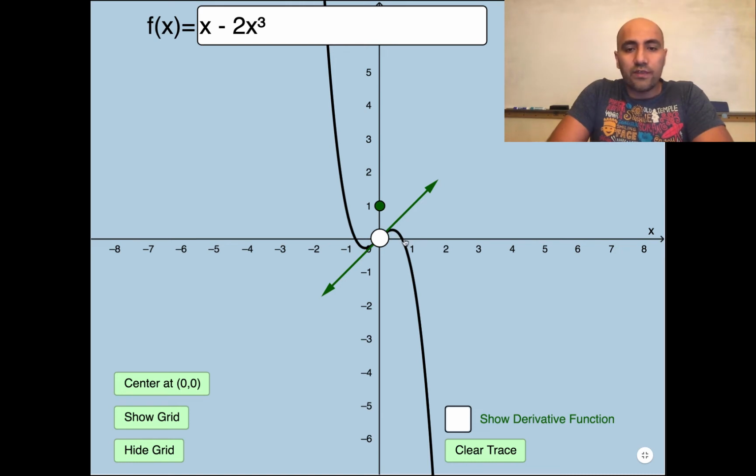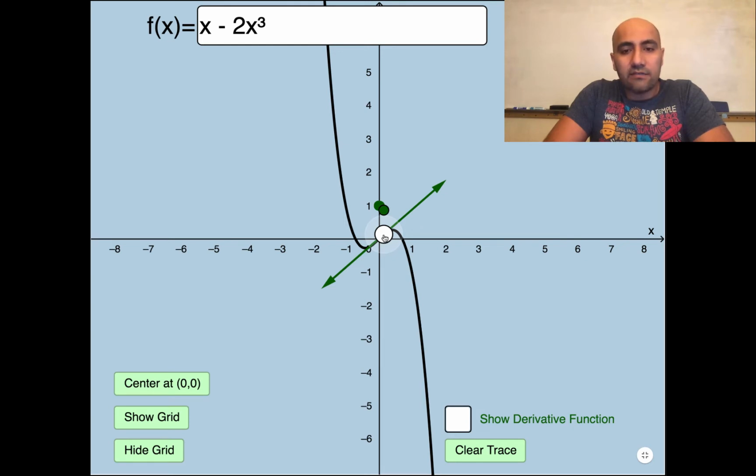As I start moving this around, the tangent line is going to move. And what this applet is going to do is keep track of the slope of the green line and continuously graph those slopes to give us ordered pairs. So for example, as I move this a little bit forward this way, the angle has decreased a little bit.